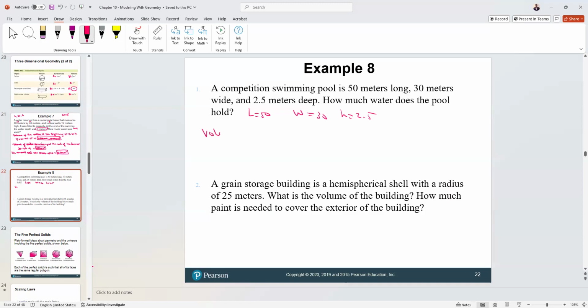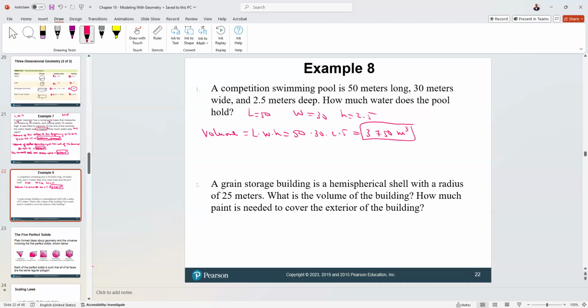What is the volume? The volume is length times width times height, so 50 times 30 times 2.5, which is 3,750 cubic meters of water in the pool. That's very important.